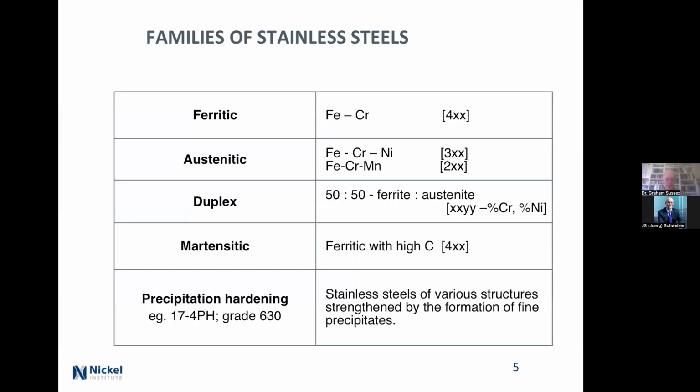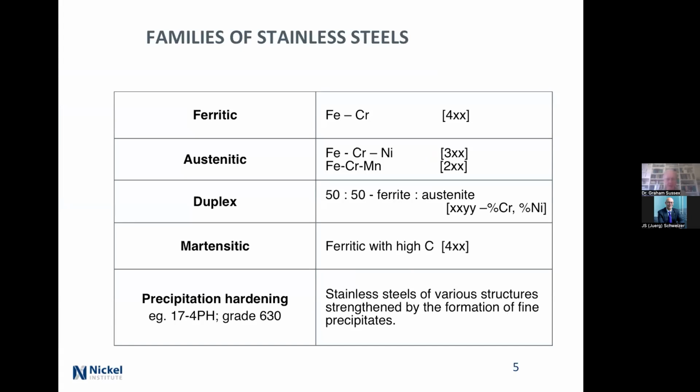There are 5 families: the ferritics, which are used for sheeting; the austenitics, which are widely used everywhere, the 300 series; the 200 series, which use manganese rather than nickel for forming the microstructure; and the duplex, which is a mixture of the austenitic and ferritic.